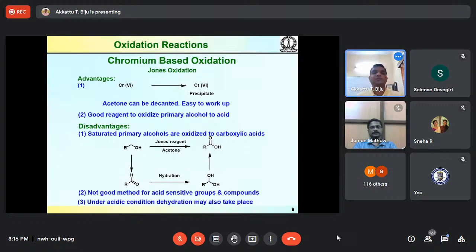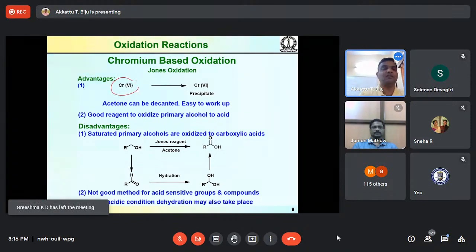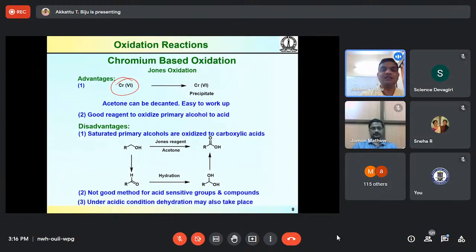The advantage of this chromium-based oxidation, the Jones oxidation, is that normally the oxidant is chromium 6-based, so the chromium trioxide gets converted into chromium 4, which is precipitated under the reaction conditions. So one advantage of using Jones oxidation is that at the end of the reaction the chromium 4 gets precipitated, so you can just decant the reaction mixture when you do the reaction in acetone as a solvent.